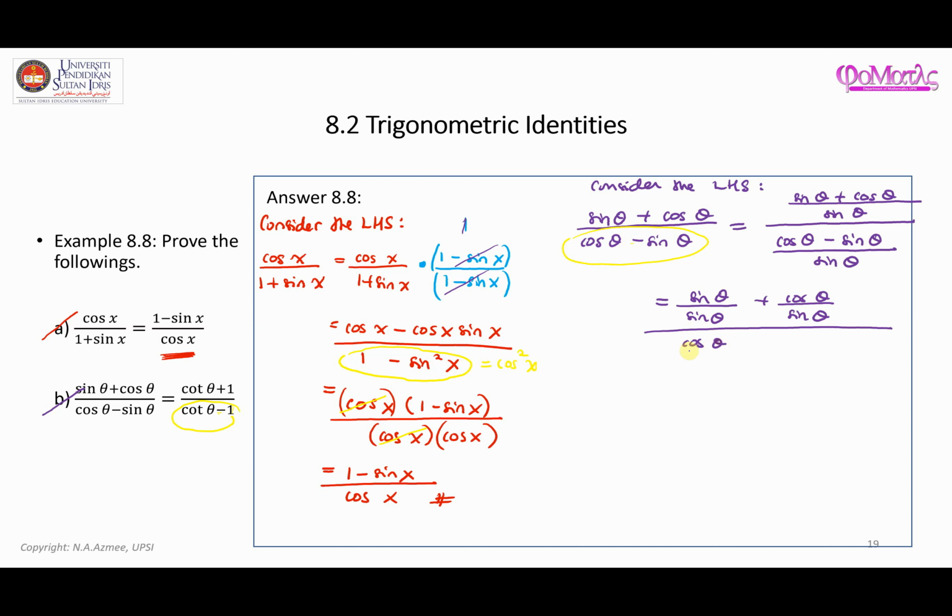We have cosine theta over sine theta minus sine theta over sine theta. Now we can simplify that to equal 1 plus cos theta over sine theta, and cos theta over sine theta is the definition of cotangent. So cotangent theta. In the denominator, this is also the definition of cotangent, minus sine theta over sine theta, which is 1. So there you go. You have managed to show that this equals the right hand side of the equation.